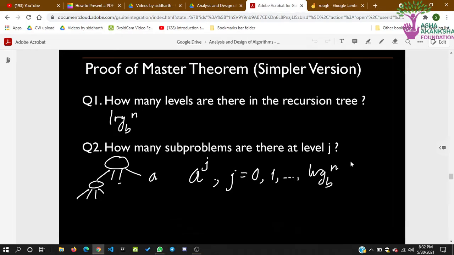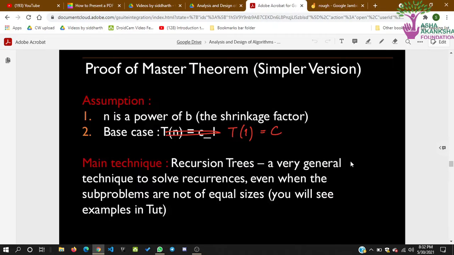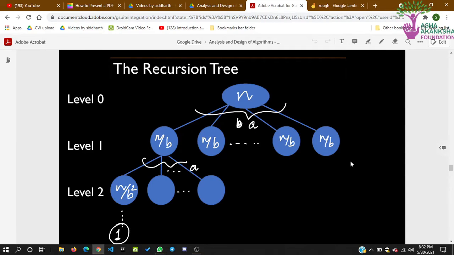Now, how many subproblems are there at any level j? You saw in the main tree at level 0 there is simply one problem, that is a raised to the power 0. At level 1 there are a problems, that is a raised to the power 1. At level 2, in level 1 each problem spawns a more problems, and hence the number of problems becomes a into a, that is a square.